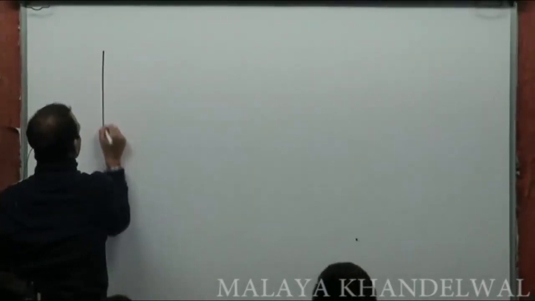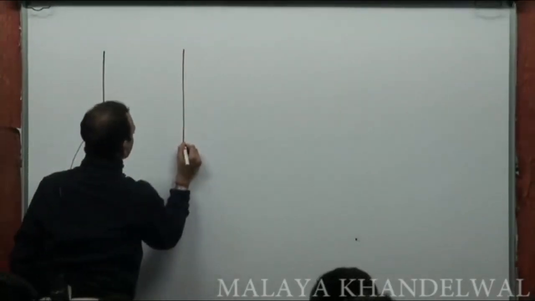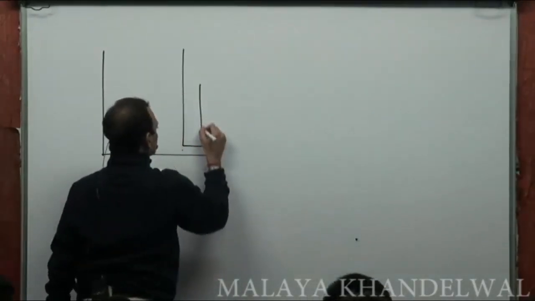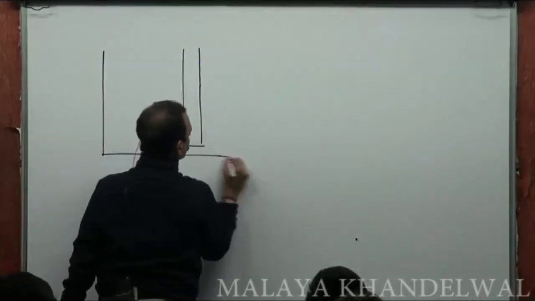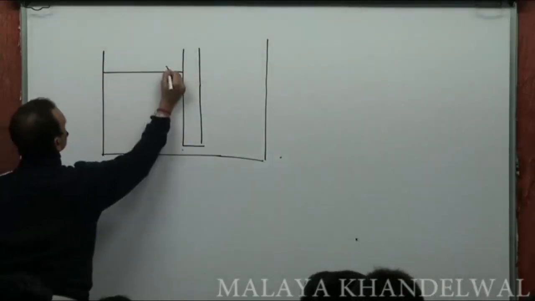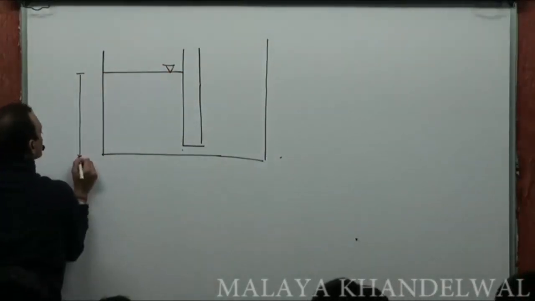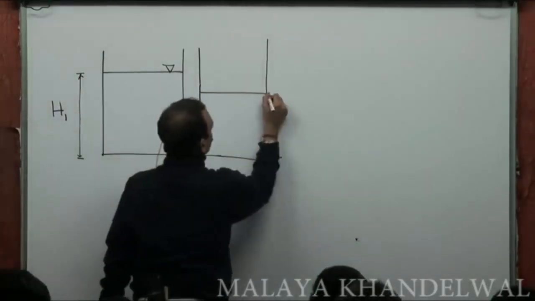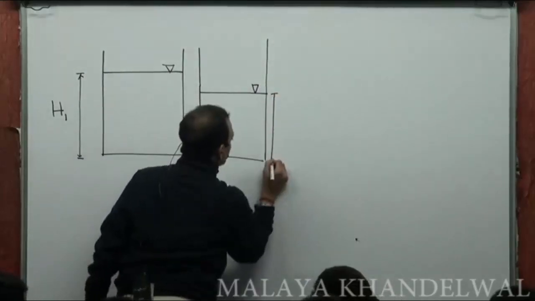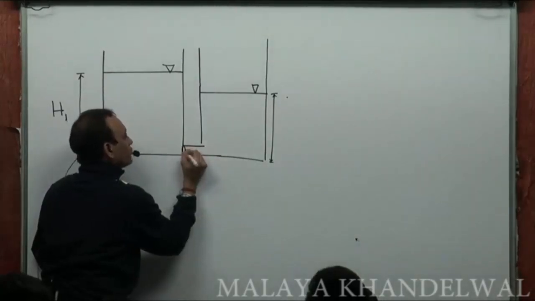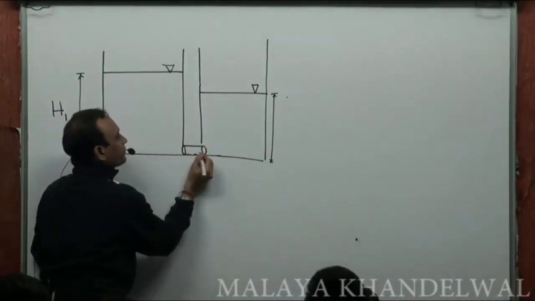Did I in my previous class also mention to you two containers, levels of liquid unequal, joined by a very narrow tube, narrow orifice of area of cross section small a.